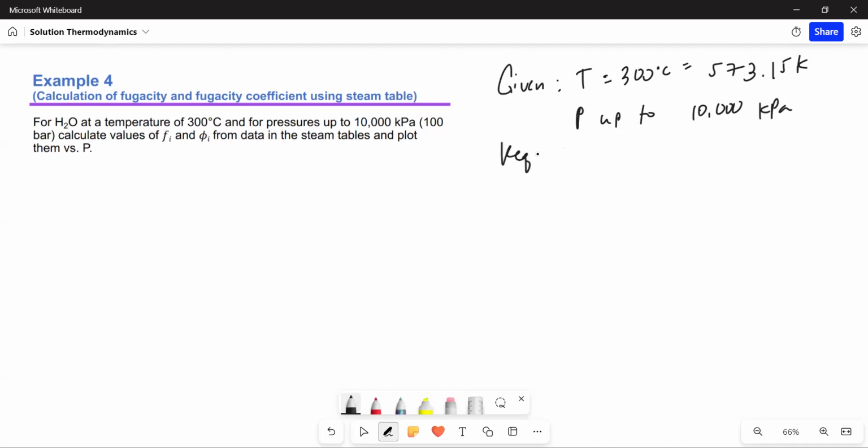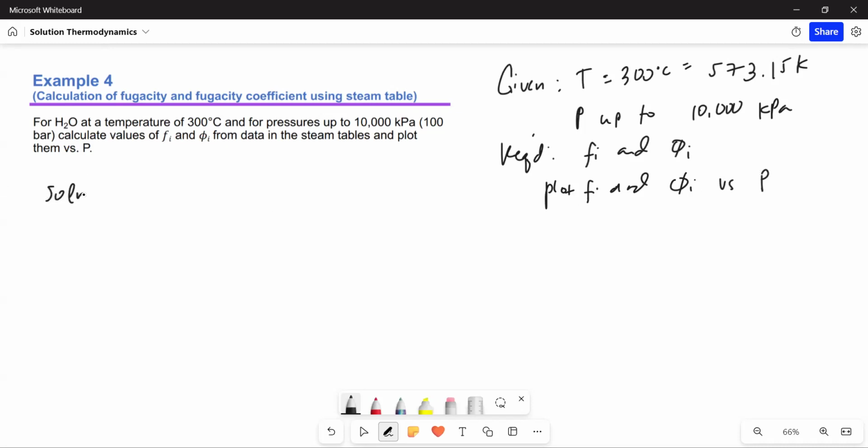And then we're being asked to calculate the fugacity f and the fugacity coefficient phi for pressures up to 10,000 kilopascals. The problem did not specify at which pressures, as long as we calculate up to 10,000 kilopascals. And then plot f and phi versus pressure.